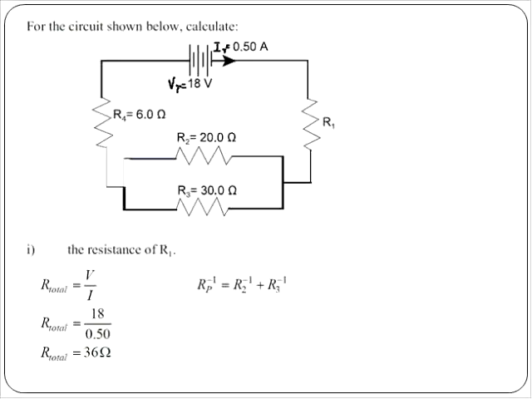Instead of writing 1 over, they've written to the -1, which means exactly the same thing. Sometimes on your calculator, the reciprocal button is actually written as x to the -1. So we plug in our 2 parallel resistances, 20 and 30, do the reciprocals, and we get this parallel resistance, which is 12 ohms.